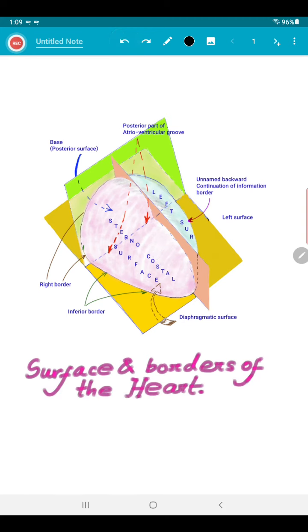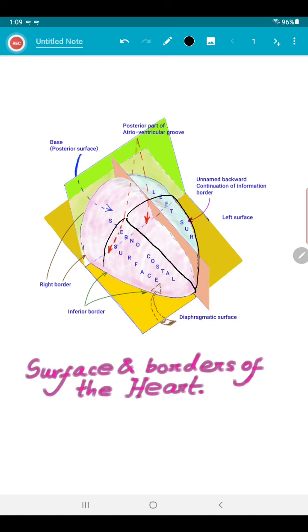Then 2/3 of the sternocostal surface is by the right ventricle. I have drawn the picture a little schematically, so you may face some problem. In the sternocostal surface, the right ventricle ends here almost, and this is the portion of the left ventricle.